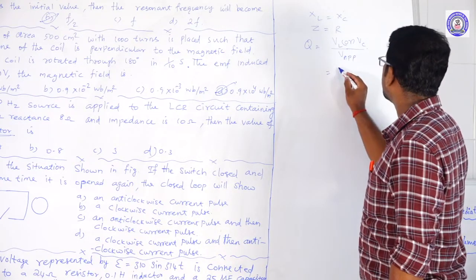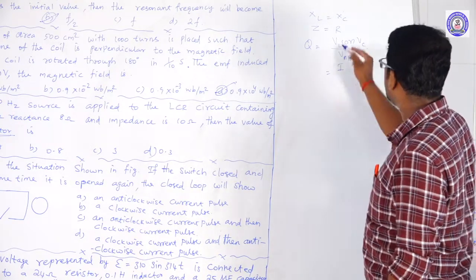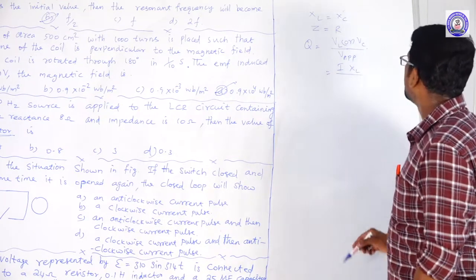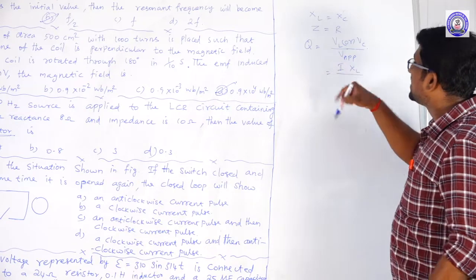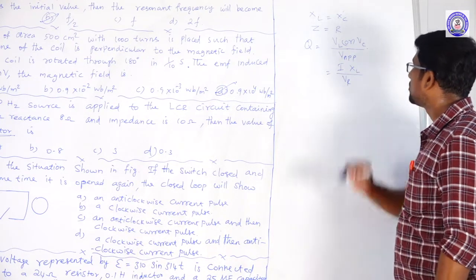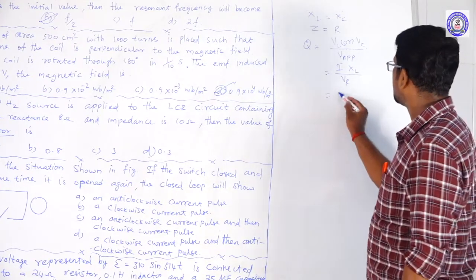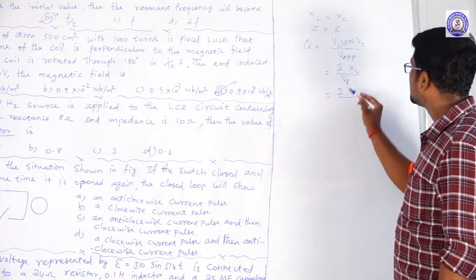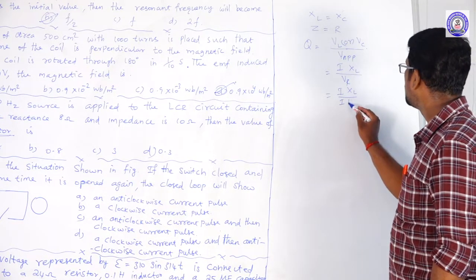Voltage across inductor is VL, which is equal to I into XL, divided by the applied voltage. The entire applied voltage appears across the resistor, so applied voltage is equal to voltage across resistor.